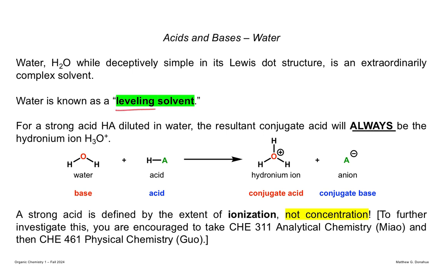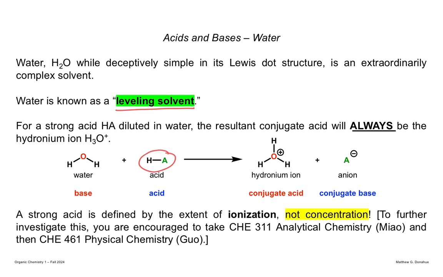Water is known as a leveling solvent. And simply what that means is, if you look at this structure here, HA, this is going to be sort of any acid. H is the proton, and then A is the rest of the molecule.